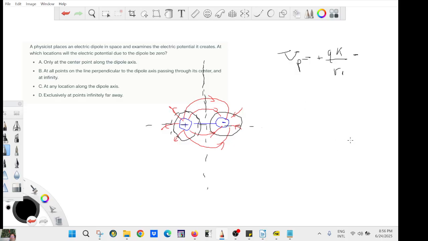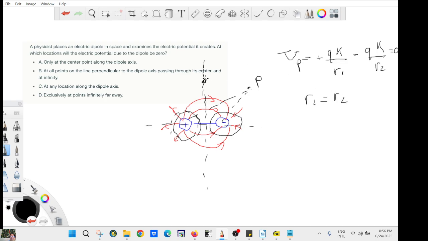And we take the electric potential to be 0 very far away at infinity. Okay, R2. And you want that to be equal to 0. So you take the point here, that will be R1, that will be R2, and we can find the electric potential here. For that to be 0, you need to have R1 equals R2.